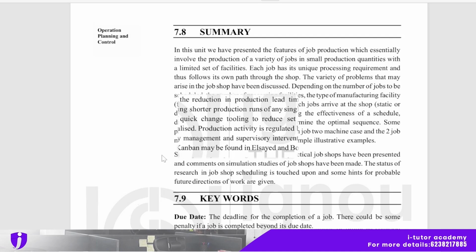Depending on the number of jobs to be scheduled, the number of processing facilities, the type of manufacturing facilities, the manner in which jobs arrive at the shop, and the criterion for evaluating the effectiveness of a schedule, different procedures can be used to determine the optimal sequence. Some procedures for the n job 1 machine case, n job 2 machine case, and the 2 job m machine case have been discussed with simple illustrative examples.